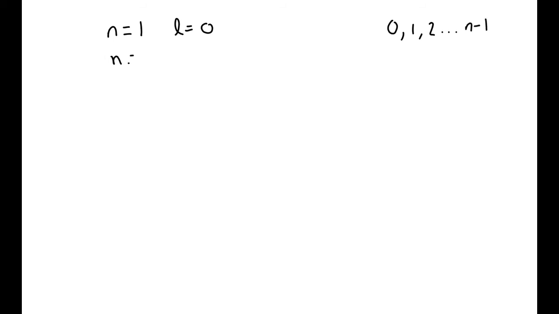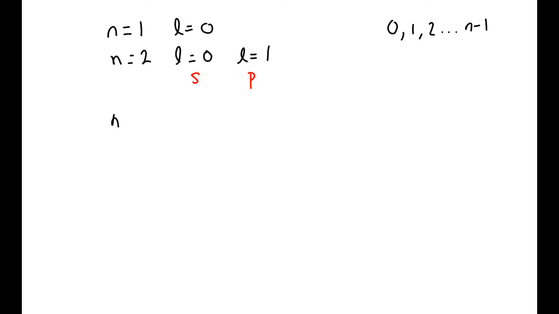If n equals 2, L can either be 0 or L can be 1. There's two possibilities. Remember, n is our energy level, and L tells the types of orbitals. We've got L equals 0 and L equals 1, so we have two types of orbitals: s orbitals and p orbitals.